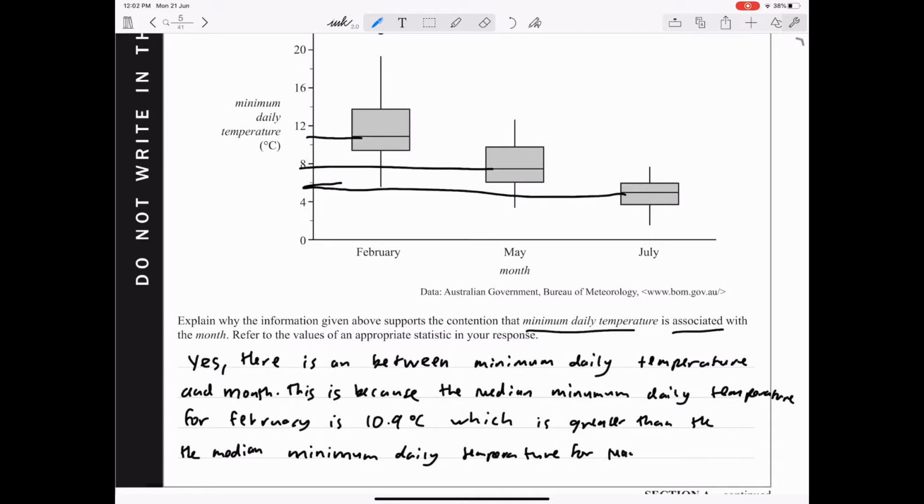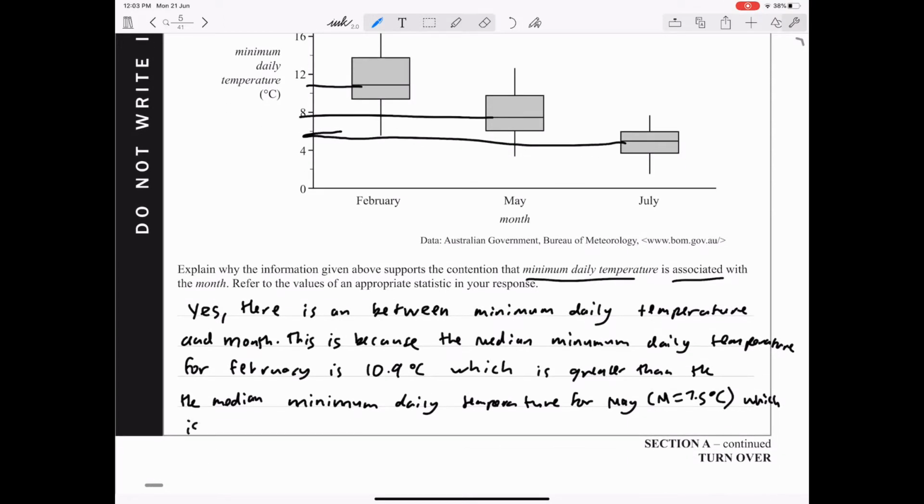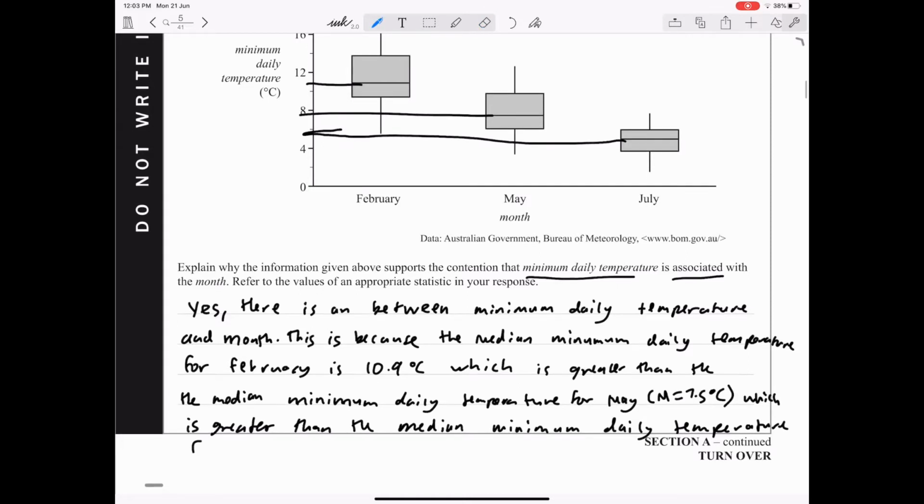We know that the median minimum daily temperature for May was 7.5 degrees Celsius, and you also say which is greater than, and refer to July next, which is greater than the median daily temperature for July, and you would insert the median value for July, which was 5 degrees Celsius, and therefore that would be your response.